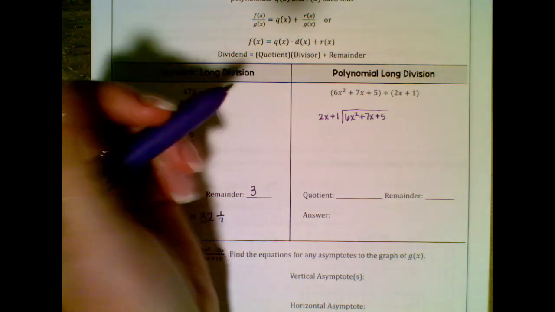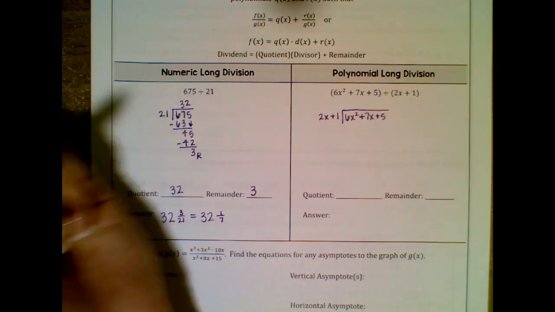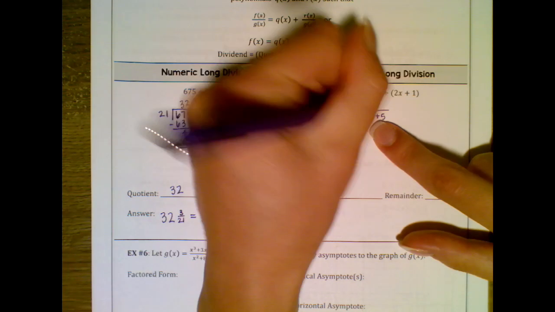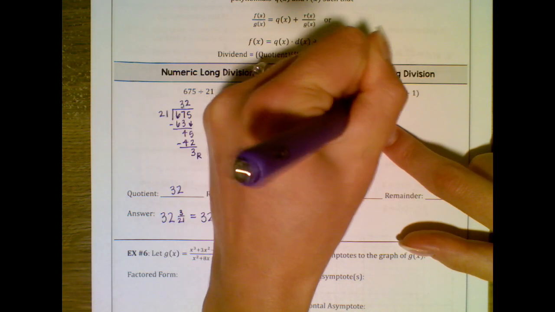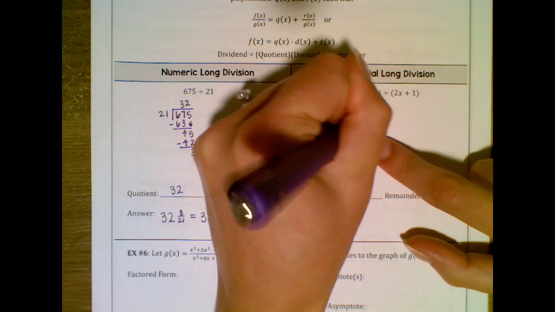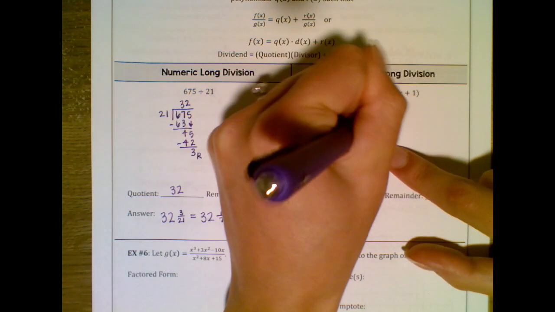So 2x times what gives you 6x to the second? That would be 3x. So 3x times 2x is 6x squared, which is what I want. And 3x times 1 is 3x.